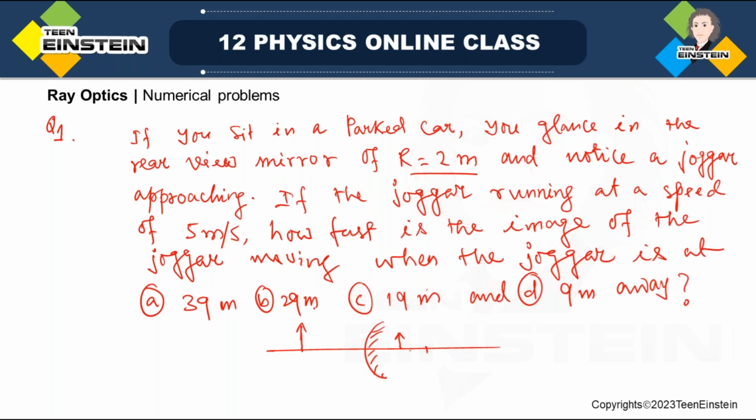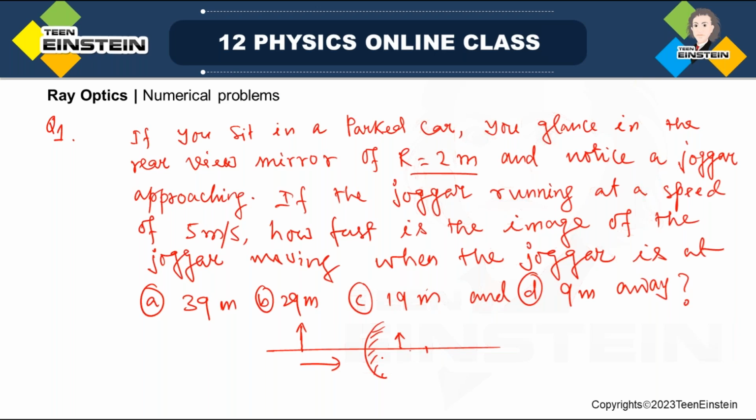The jogger is jogging with a very slow speed, 5 meter per second, approaching the parked car, or approaching the mirror. That means this object has got a certain speed. Then the question is how fast the image will move.